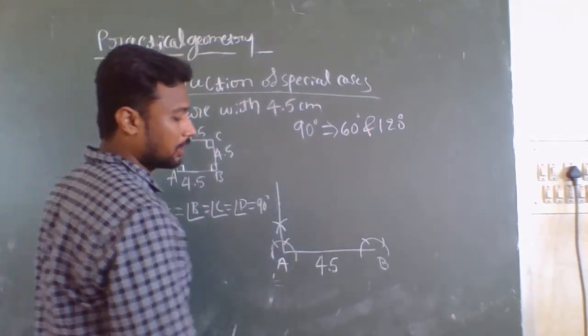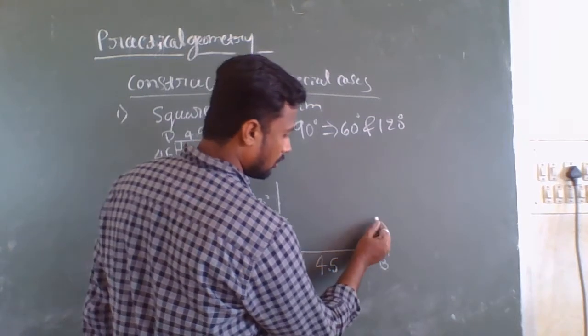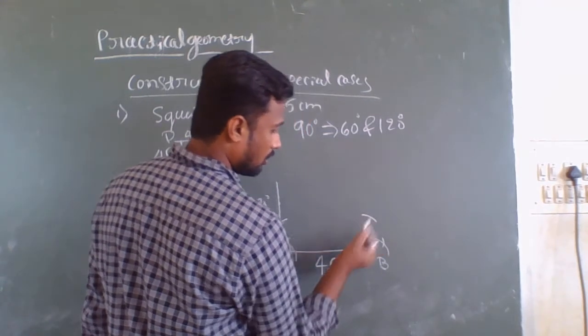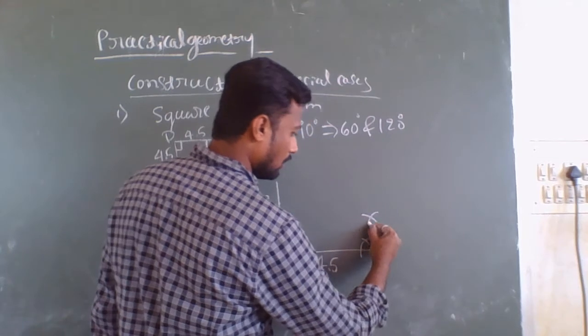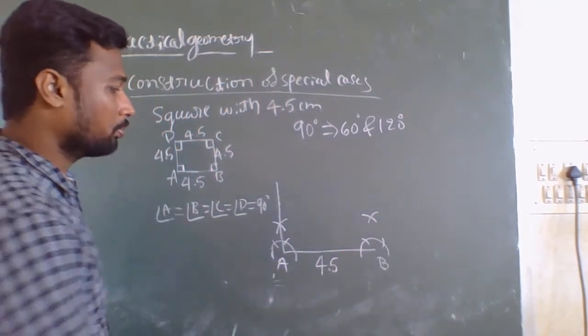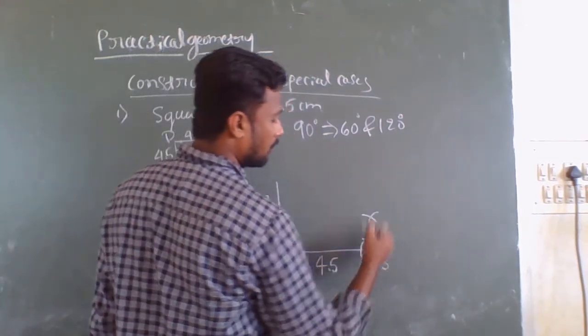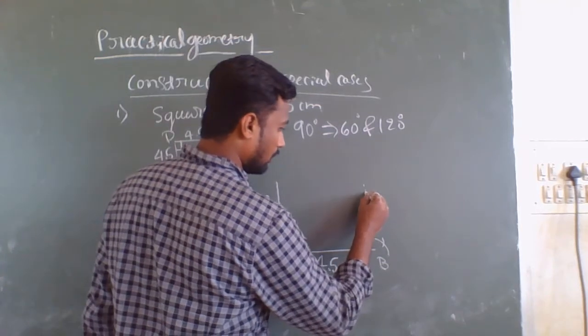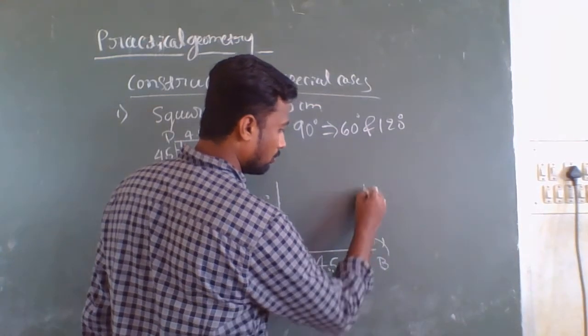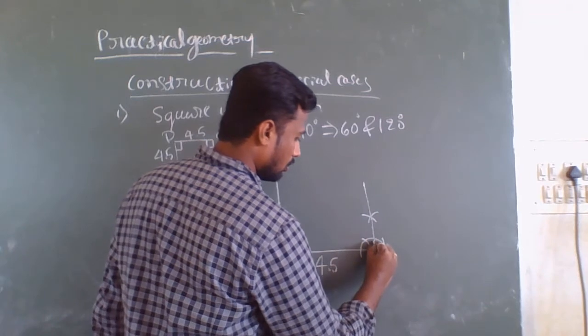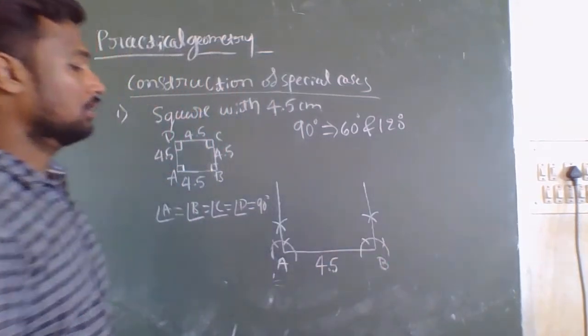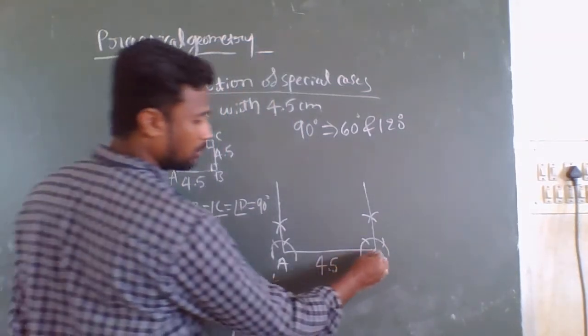So now I can get 90 degree by taking this line of intersection by keeping the compass on point 60 degree and 120 degree. Now again I will join this line to point B. This is 90 degree at point B.